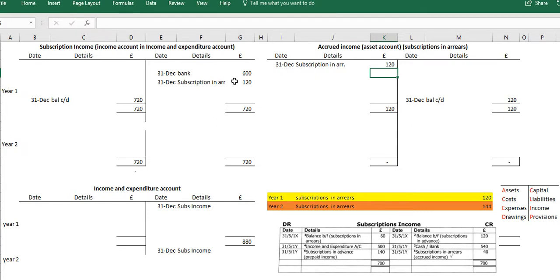We've now done the double entry. We included our £120 that we are missing for a member, and within our subscription income that belongs to the income and expenditure account, all we have left to do now is effectively to move that value into the income and expenditure account for the year.